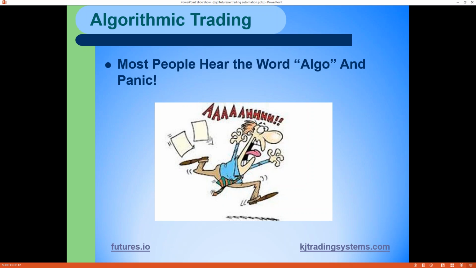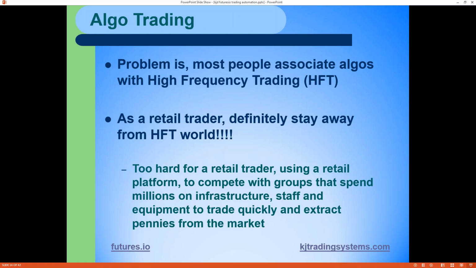I think people get scared because they think of algo trading as high frequency trading. And you've all heard horror stories of big firms that have a software glitch and all of a sudden they've lost all kinds of money because they were high frequency trading and it bugged out.